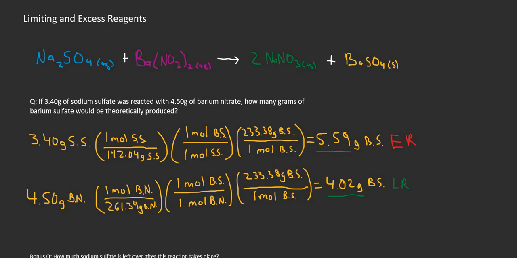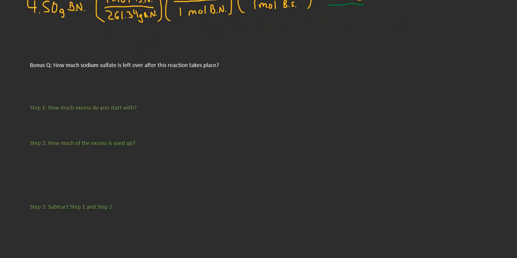Well, if we go back up to the question, we'll see that we started with 3.4 grams. So no calculation necessary here. We'll just say 3.4 grams. And that satisfies that part of the question.